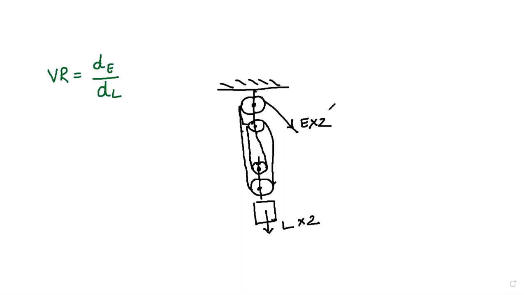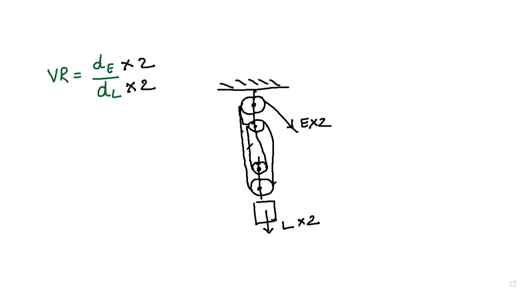Okay, so once that is understood, then it's easy to see that the velocity ratio will not change, because whatever factor the load has increased by, the effort is also going to be increased by the same factor. All right. So therefore, the velocity ratio will remain exactly the same.